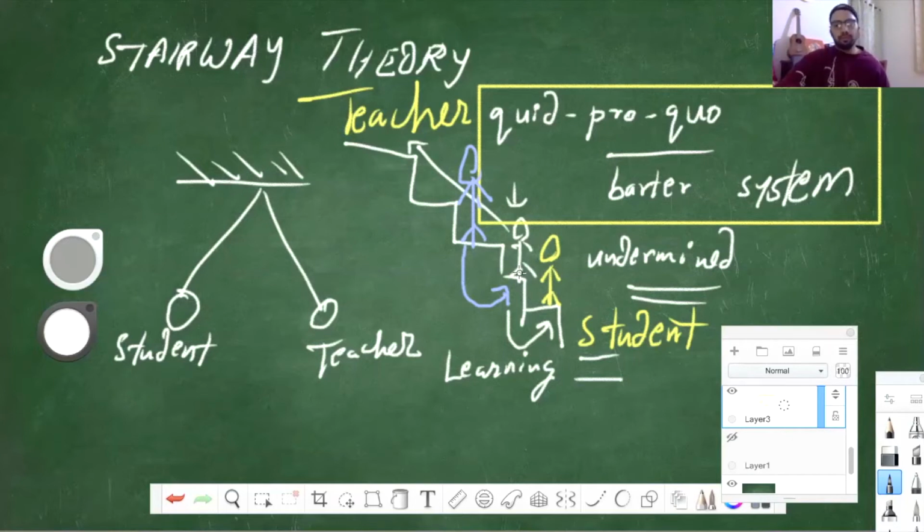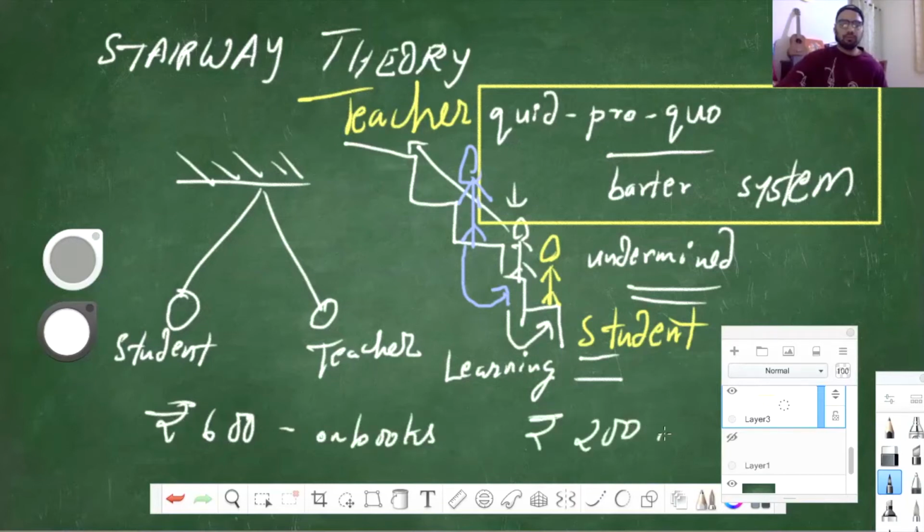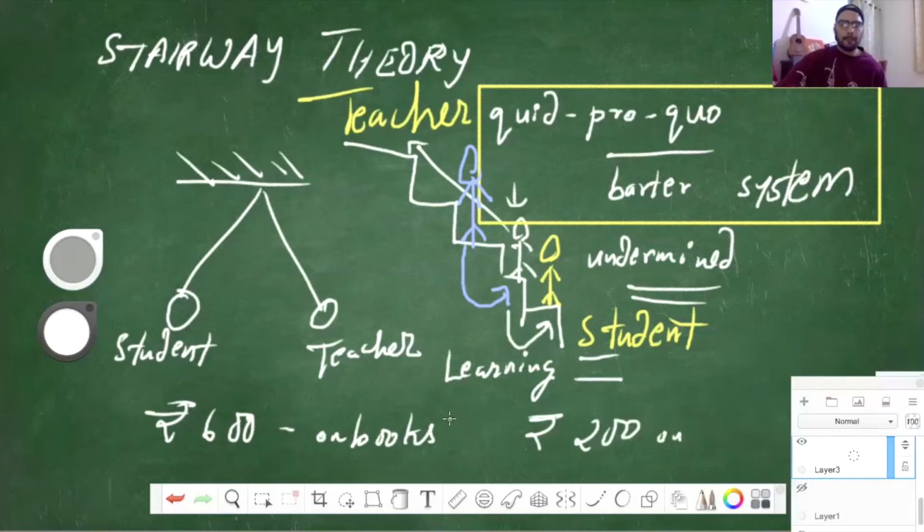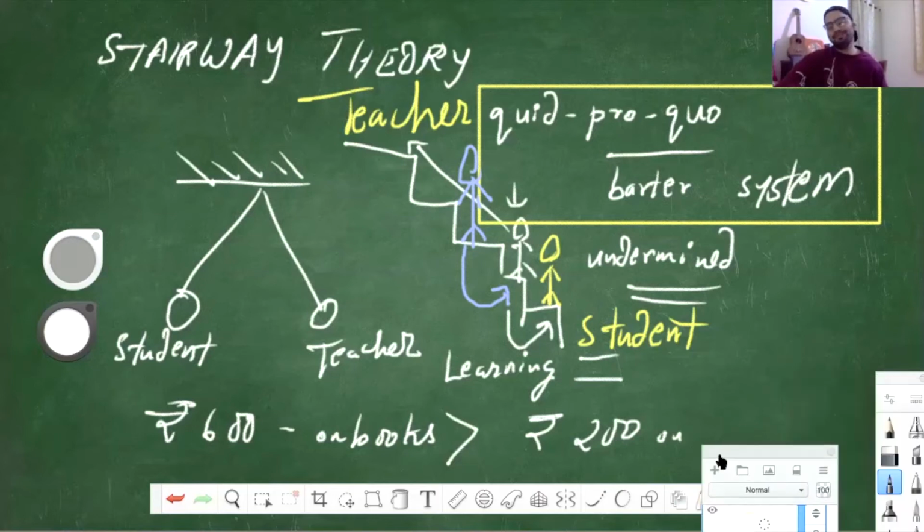For example, one person spent 600 rupees on books, and another person spent 200 rupees on books. We can't say that the 600 rupee person is going to be more knowledgeable, because this is a proven statistic.